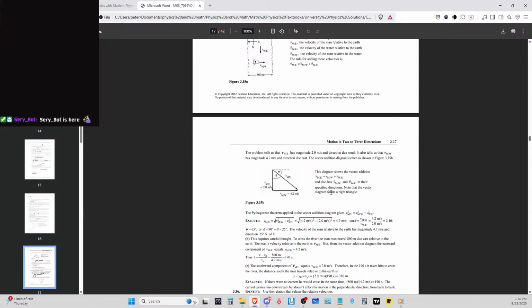Note that the vector diagram forms the right triangle. So I'm guessing this angle is matched with this one because it's symmetric. So it's like this angle here. And when you think about it, the starting point is here. So I'm guessing the angle we need has to focus on the starting point of where it goes.